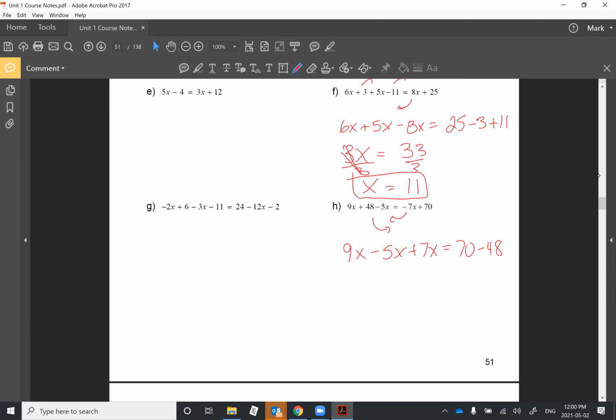Okay, so 9 minus 5 plus 7 is another 11x. And then 70 minus 48 gives us 22. I'm going to divide both sides by 11. When I move the 11 over, it becomes division. X is 2.